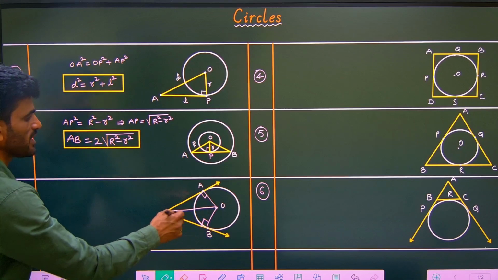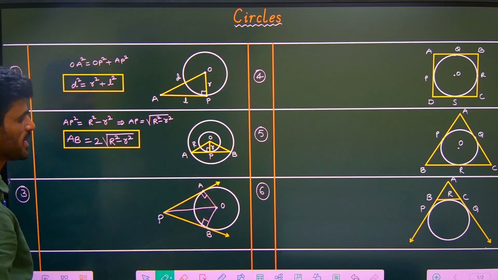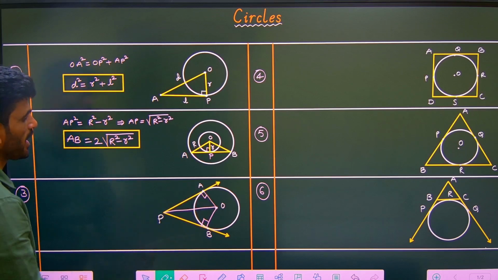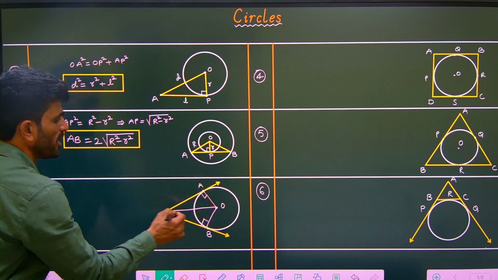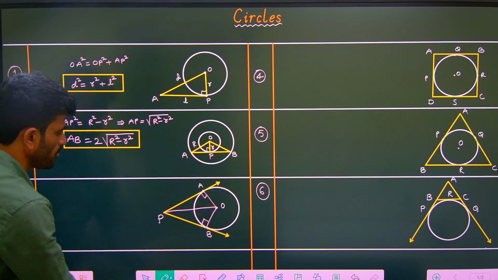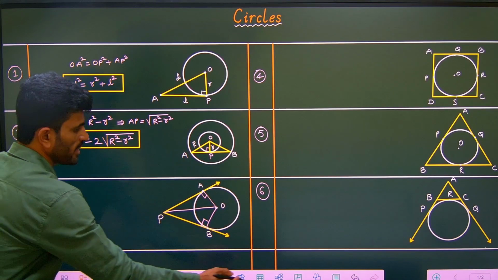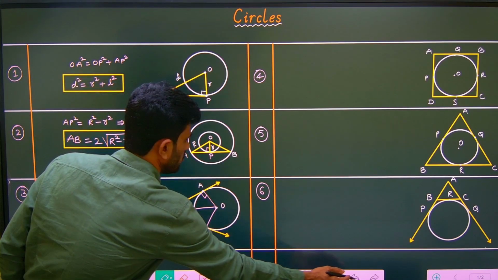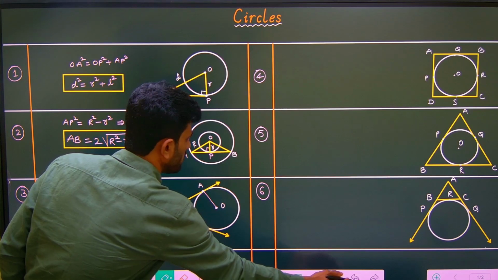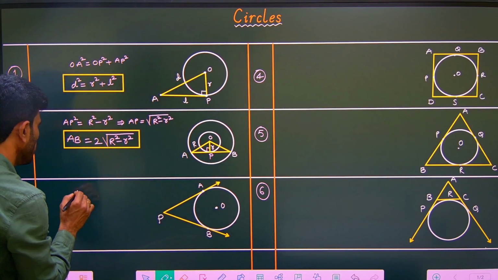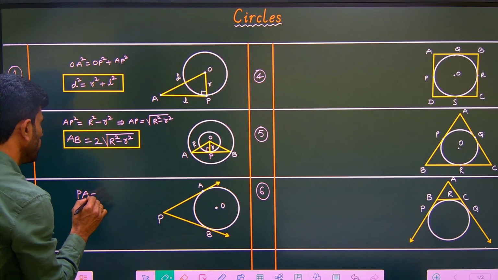So the hypotenuse is equal and one pair of sides is also equal. Then the right angles are also equal. So by RHS we can say that triangle OAP is congruent to triangle OBP. So by this, what can we write? The important formula here: we can write PA is equal to PB by CPCT.